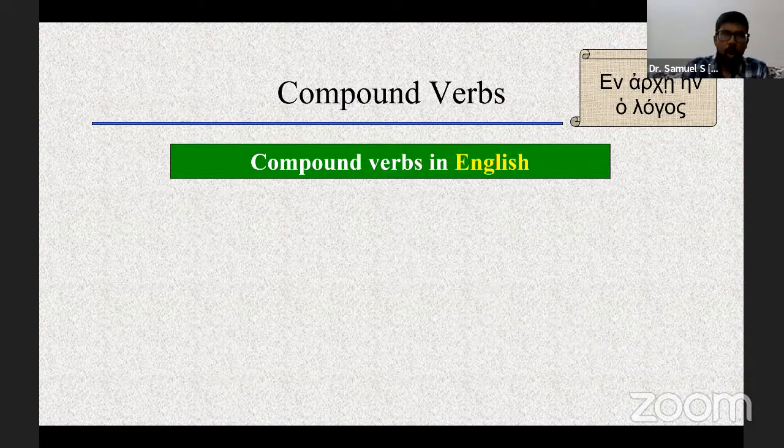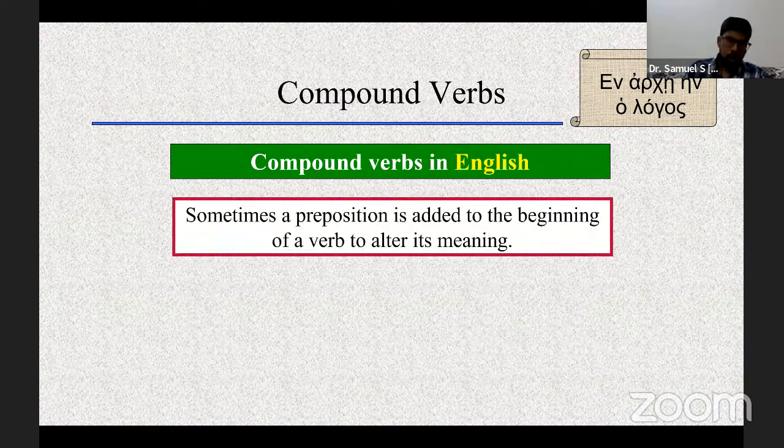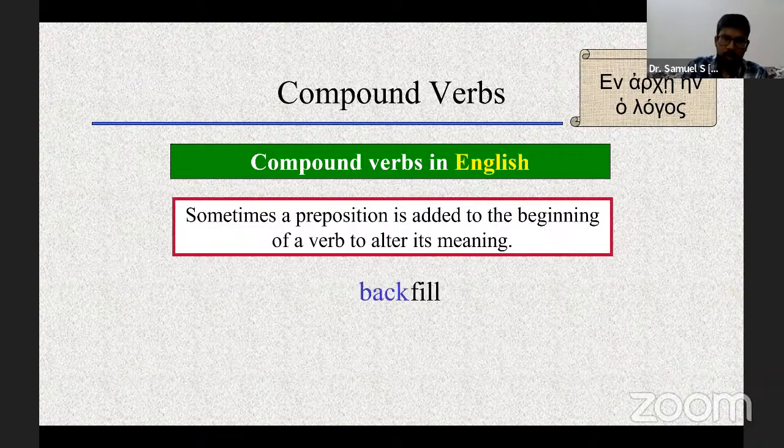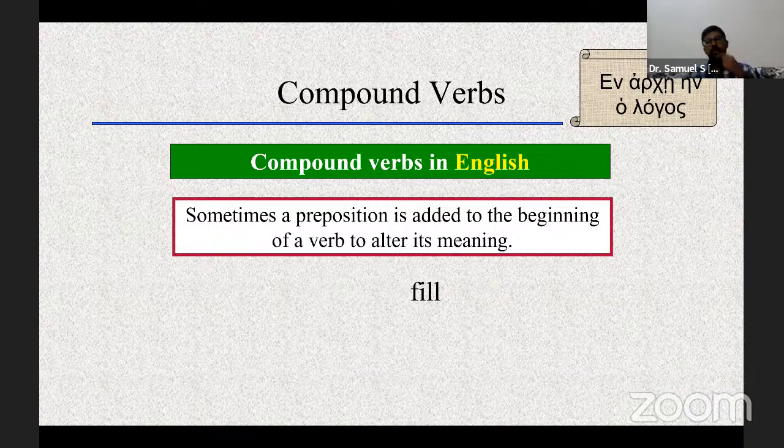Compound verbs. Sometimes a preposition is added to the beginning of a verb to alter its meaning. Now, we do this in English as well. Fill is a verb. Not like Philip, but like filling.